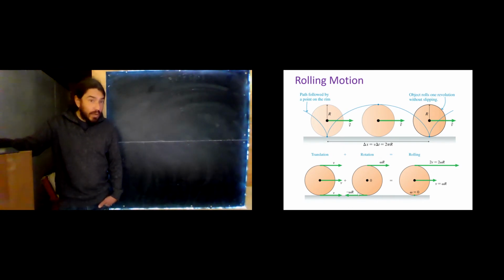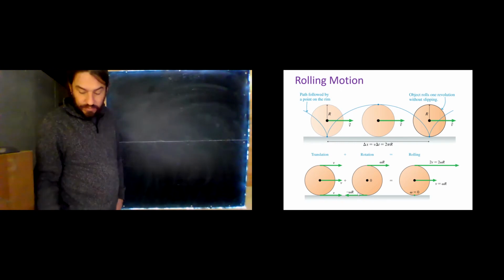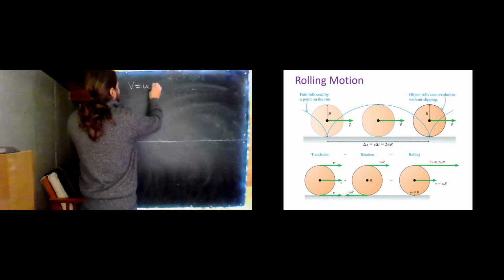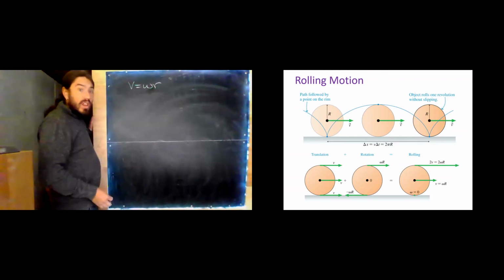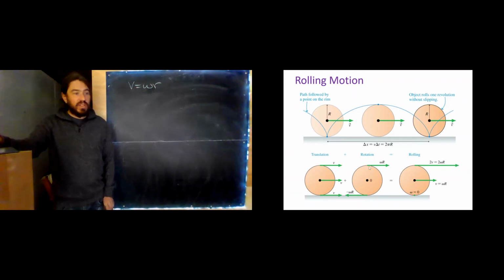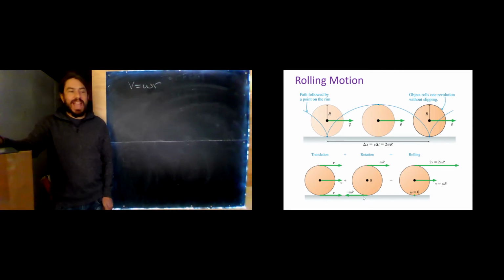And since it's rotating without slipping, we can use the relationship that v equals omega r. That's why we say that the top is rotating with speed omega r to the right. The bottom is rotating with negative omega r, to the left. So we've got translational motion plus rotational motion equals the speed of any given point.